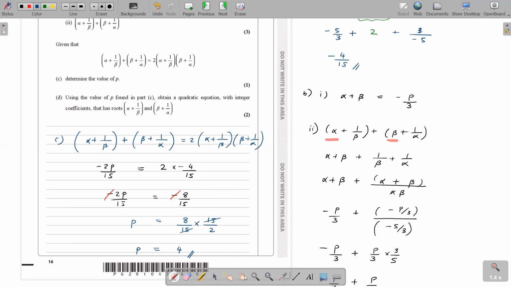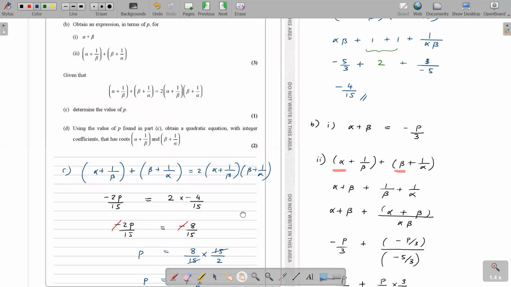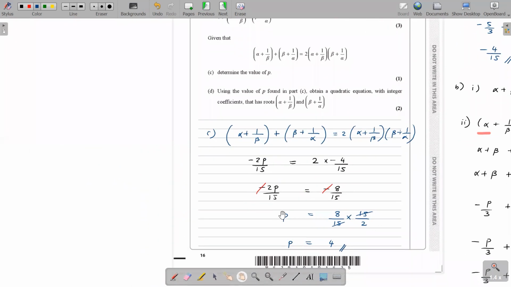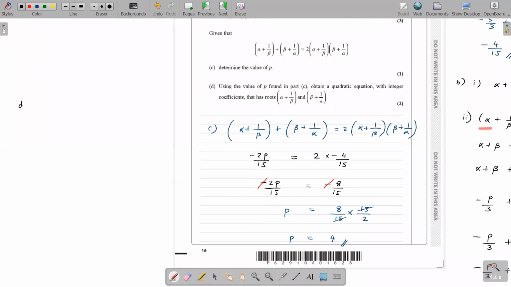Part D. Using the value of P found in part C, obtain a quadratic equation with integer coefficients that has roots alpha plus 1 over beta and beta plus 1 over alpha. Okay, normally how do we get this quadratic equation with the roots? What's the main equation that we use to get the quadratic equation? We say x square minus sum of roots times x plus product of roots must be equal to 0.